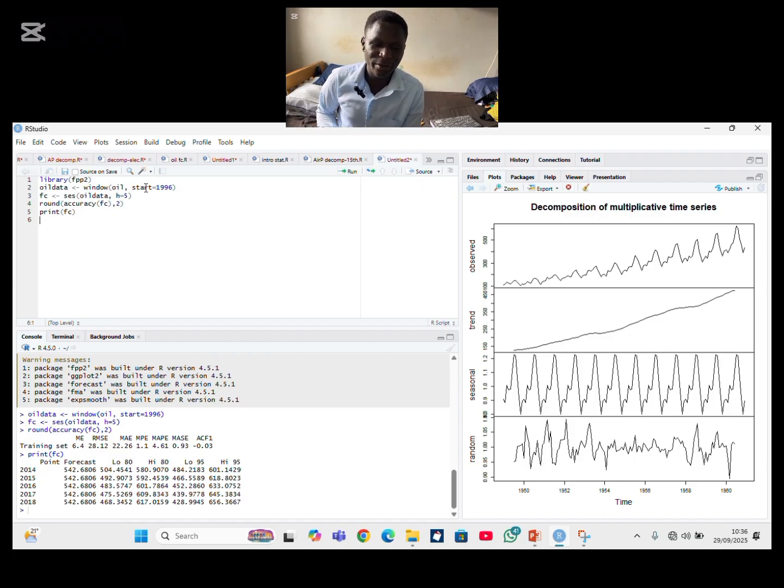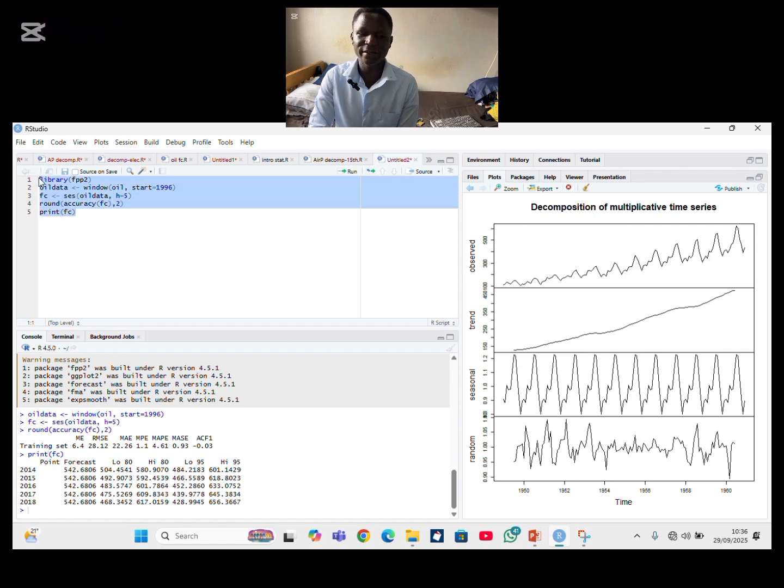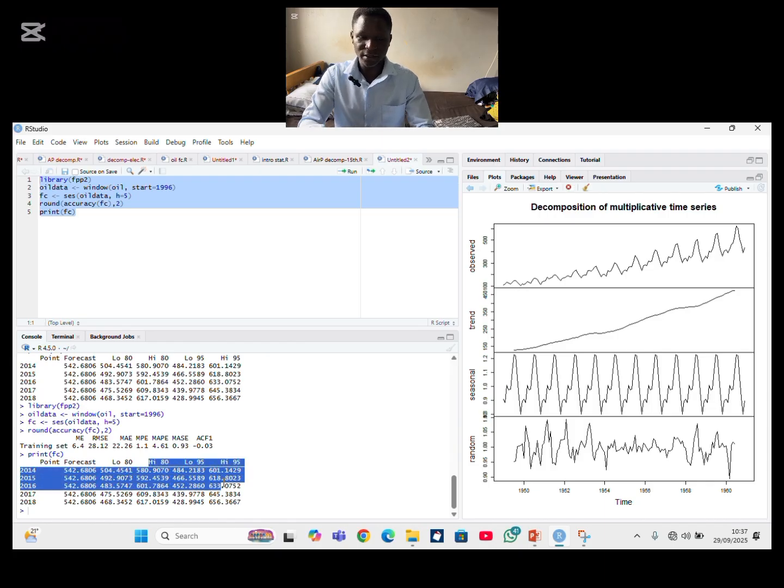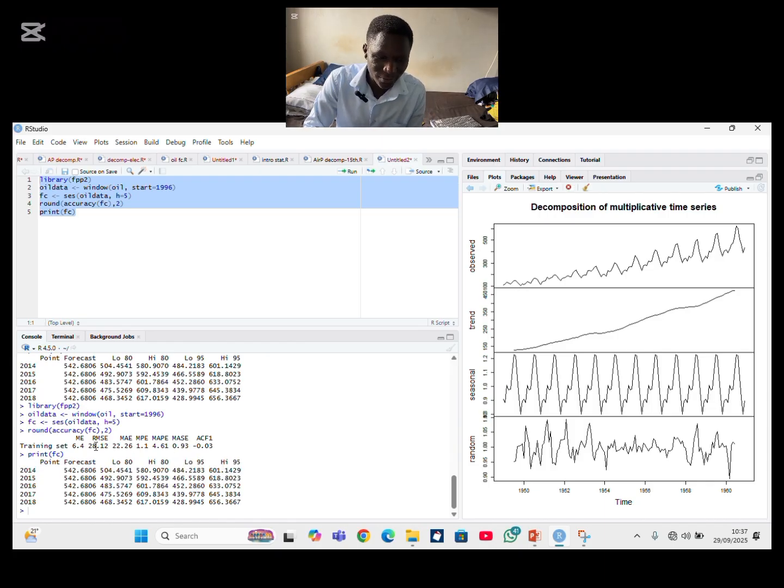You could try and run it. Realize that it is quite easy to use R compared to maybe using Excel. If you have R, just write your R script, run it, and it will print your forecast.